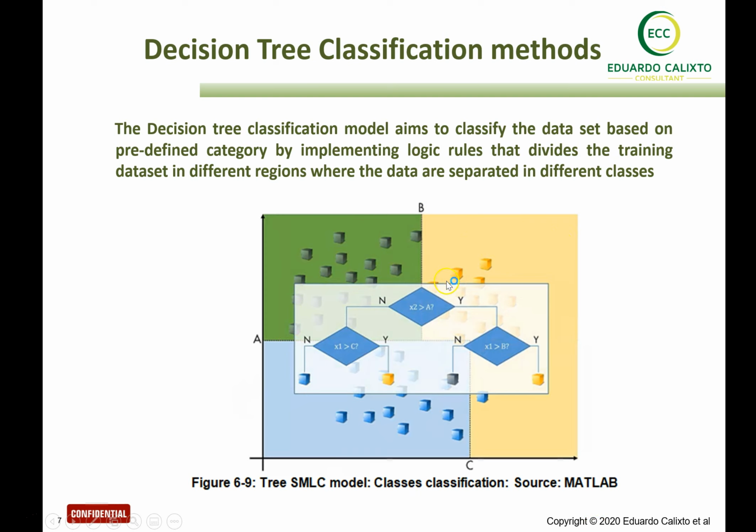Since we have a data set with different classes, we can split the region of our universe of data into the different classes. The way to decide whether a point belongs to each class is based on the decision tree. A decision tree has rules that define at each branch of the tree where the data belongs, and based on it, in the end we get one type of classification.